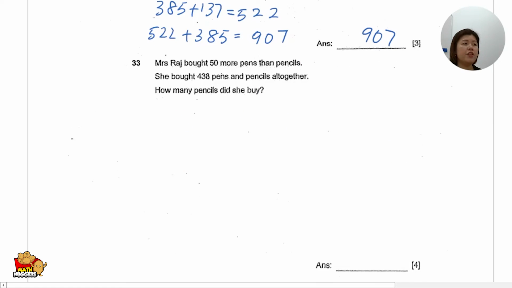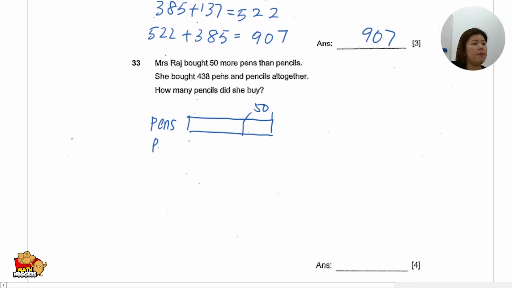Mr. Raj bought 50 more pens and pencil. Okay, so means pens and pencil. Pens must be more, which is 50. Please remember anything got to do with more than, less than, draw a model. Total is 438. So this is 1 unit, 1 unit.